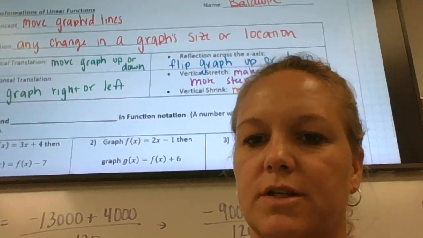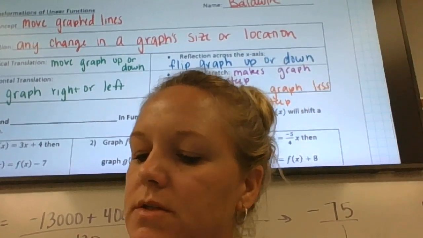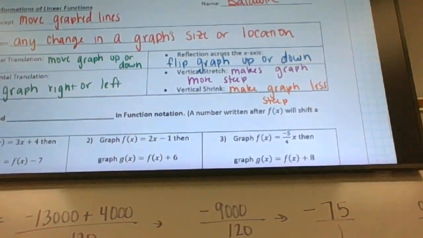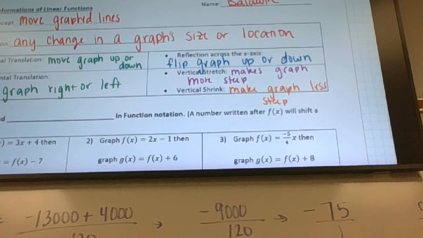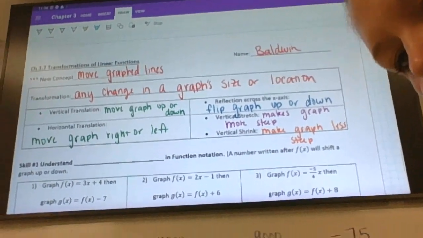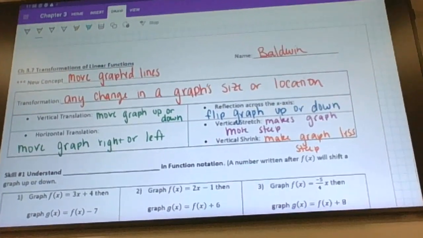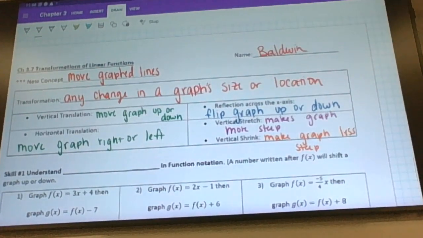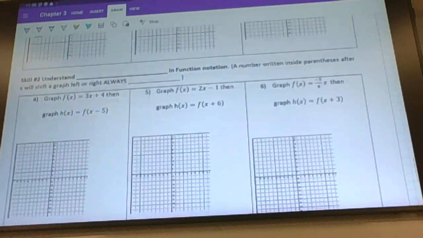There are more formal definitions in your book, but this is your understanding for that. Maybe that's a little better. Alright, so we're going to make all of these graphs.